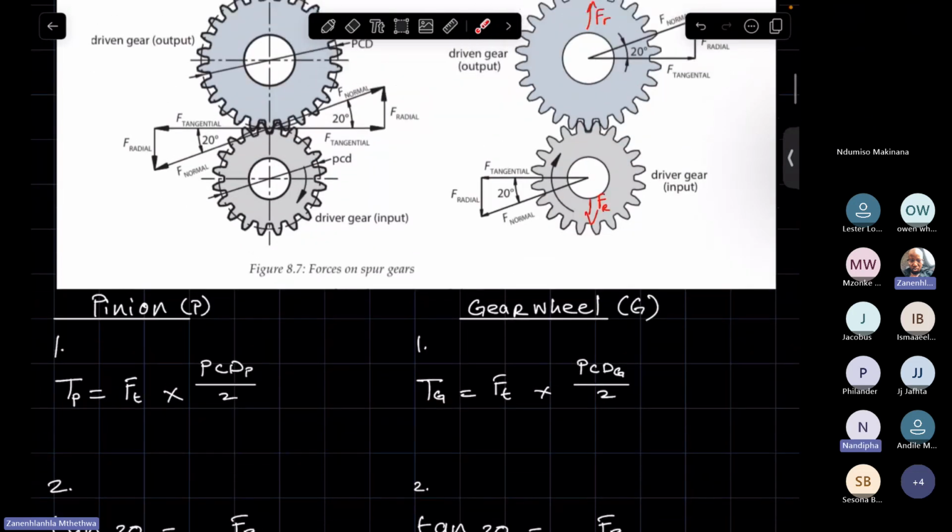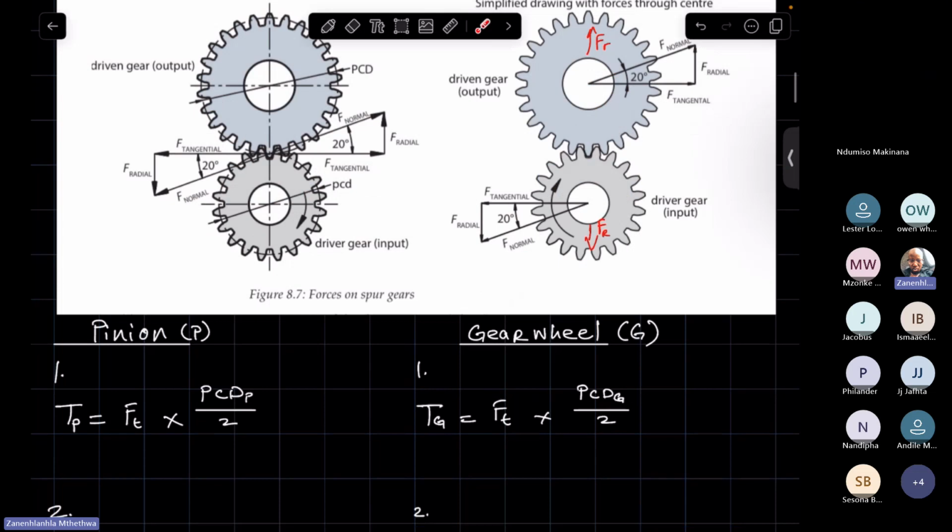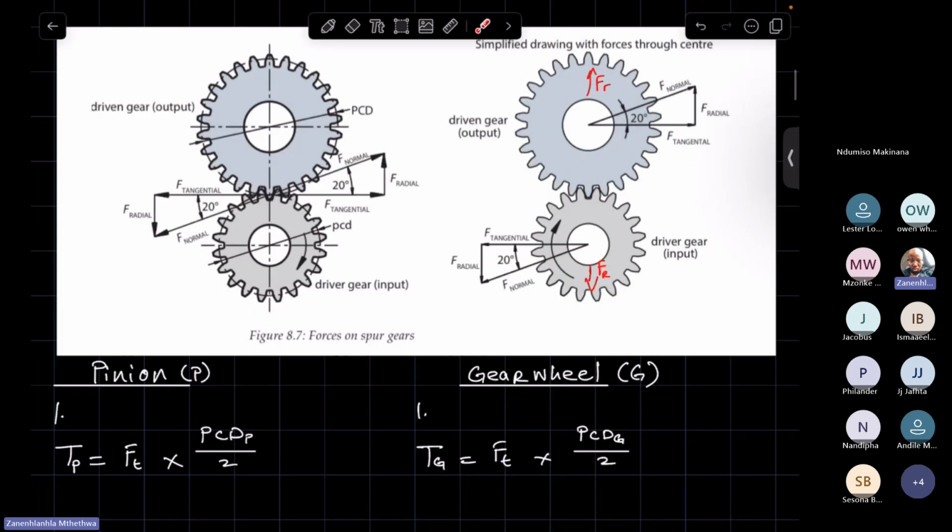Now, regarding formulas to calculate each of these forces, it's pretty straightforward, seeing that the forces are able to follow the triangle law.